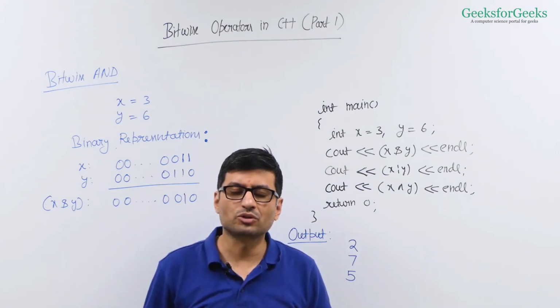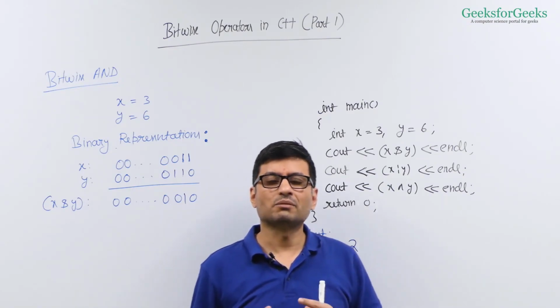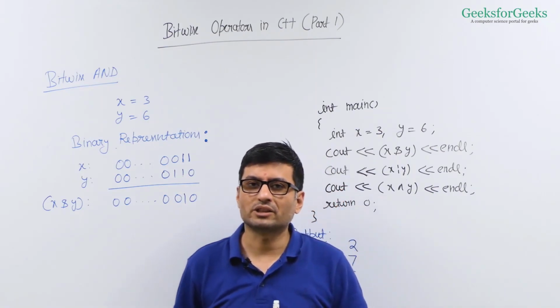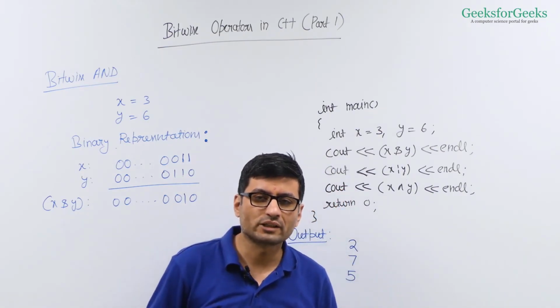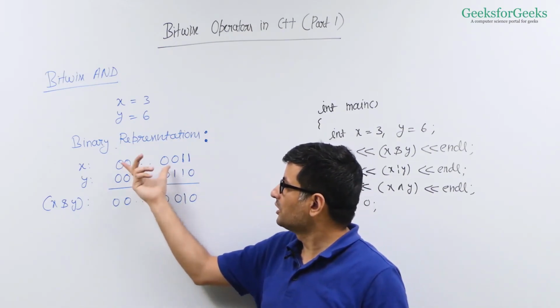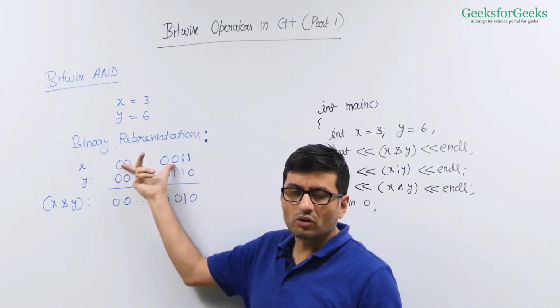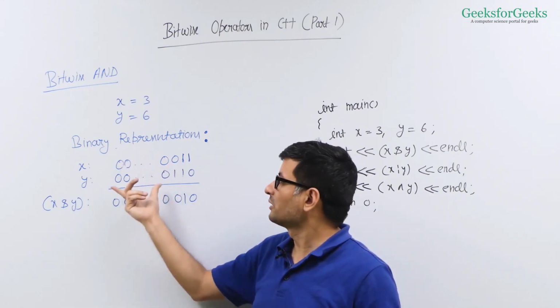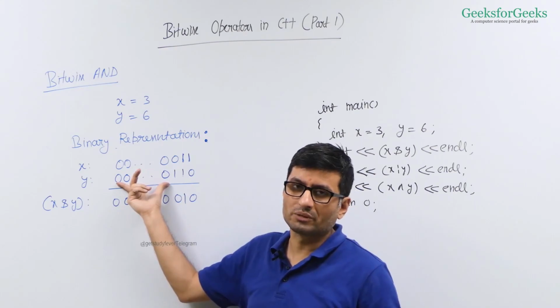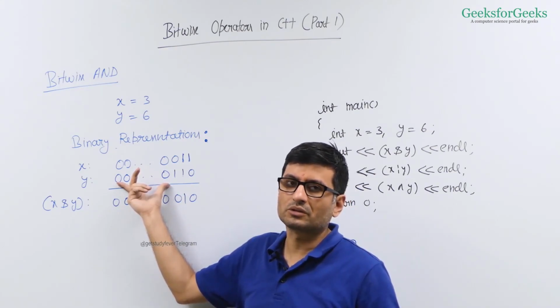Compilers are free to choose any size. Some compilers have integer size as 32 bits. Some have 64 bits. Some old compilers even have 16 bits. So that is why I've used dots. These first bits might be 30 bits or they might be 62 bits. Similarly here, these zeros might be 29 bits or 61 bits if 64-bit representation is used.